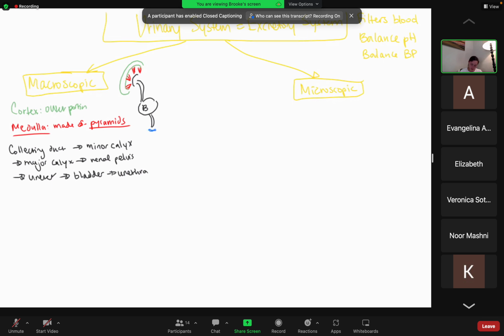I'll draw them big so you can see them, the blue and the green. Blue would be your external urethral sphincter. This is made of skeletal muscle and it's voluntary. This is like when you sit on the toilet and you go pee, right? You would be using your external urethral sphincter.